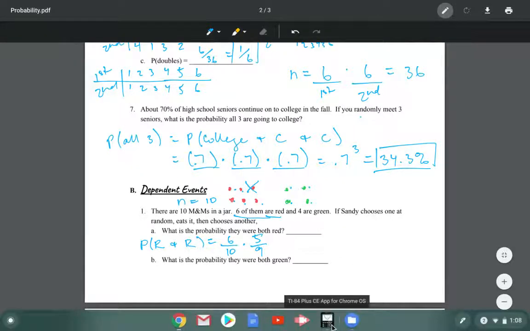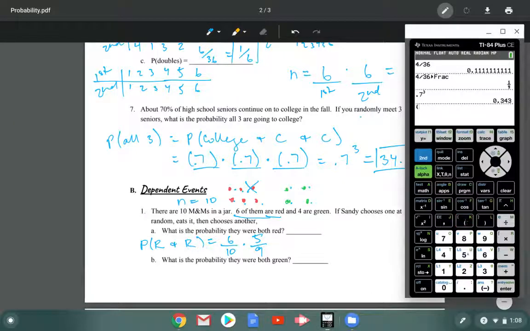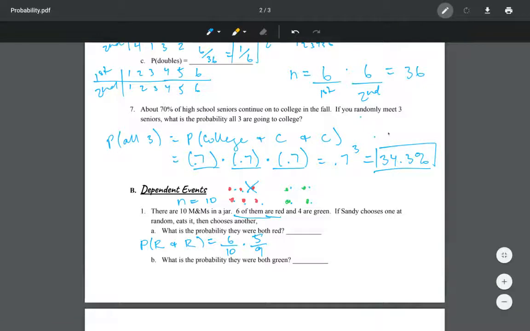What happens to the first draw changes the numbers in the second draw. Putting this into my calculator, I'm going to use parentheses for the probability of each of those draws, so 6/10 times 5/9. And I end up with 33.3%, or 1/3, right? 1 out of 3.